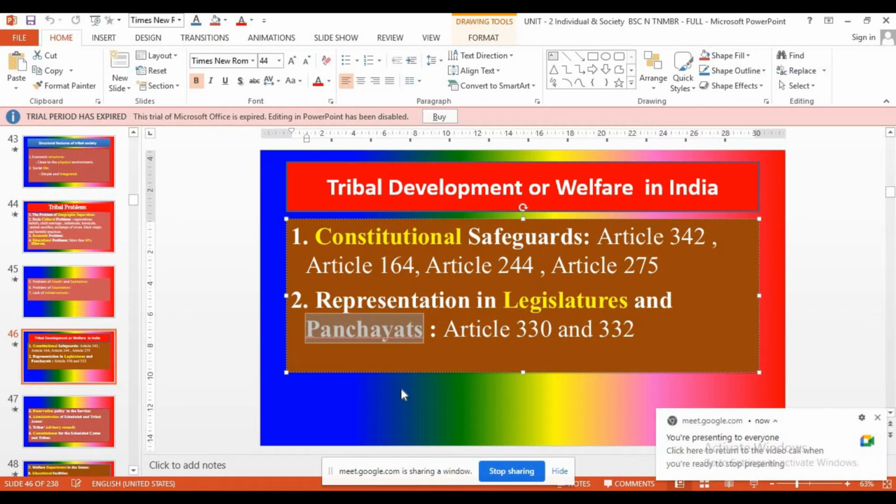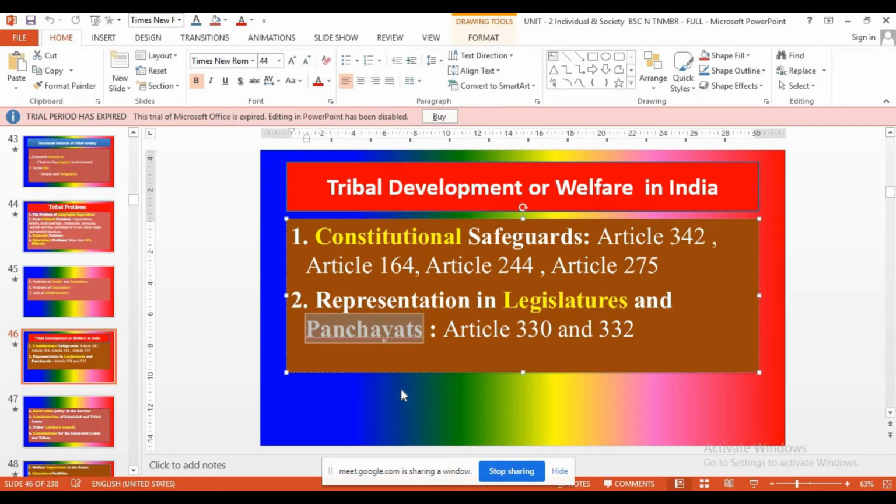Separate constituencies, for example, MP and MLA constituencies, are only for tribal people. Other people are not allowed to contest. So only tribal people contest, and every year a considerable number of tribal MPs and MLAs represent them. MPs in the central government, MLAs in the state government.